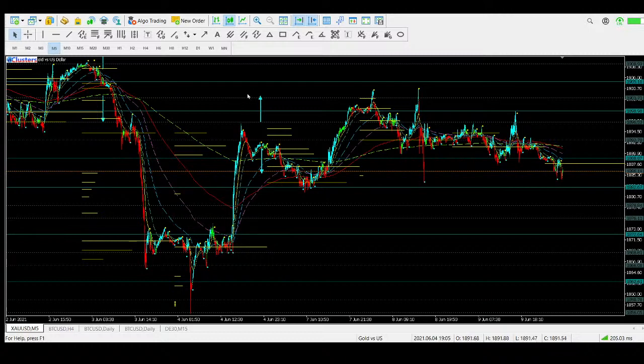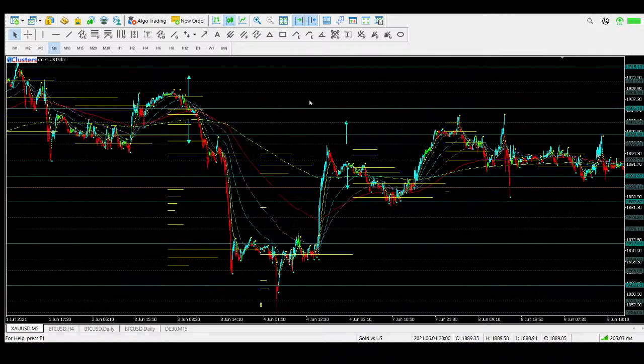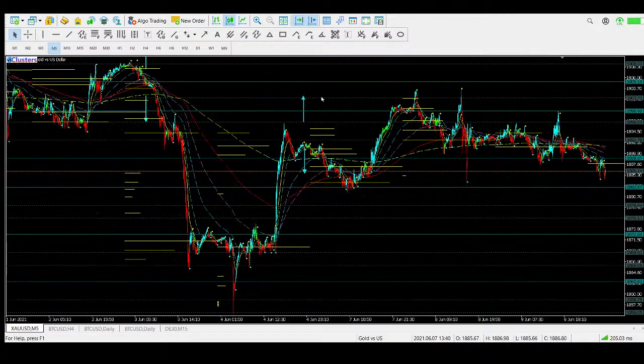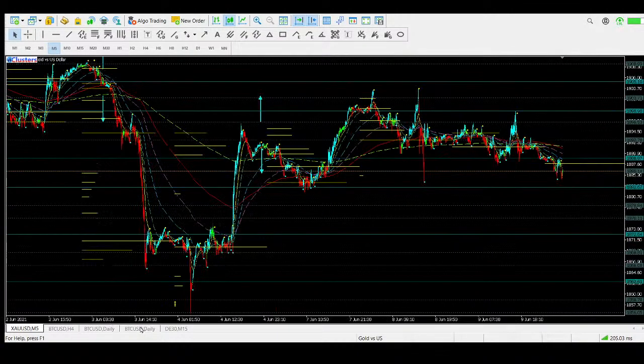This is the gold versus US dollar trade setup. I prepared this when I was analyzing the change on the Australian dollar.